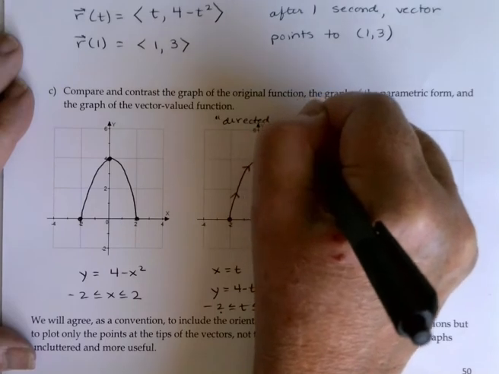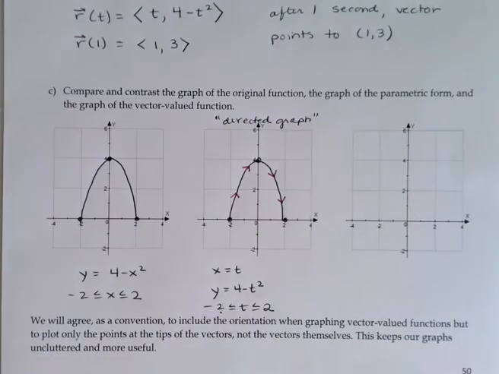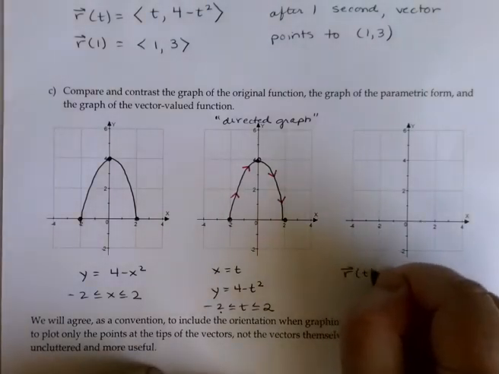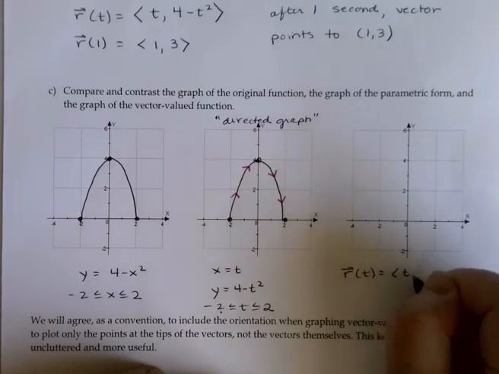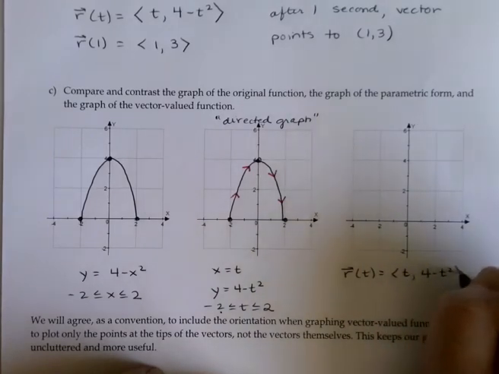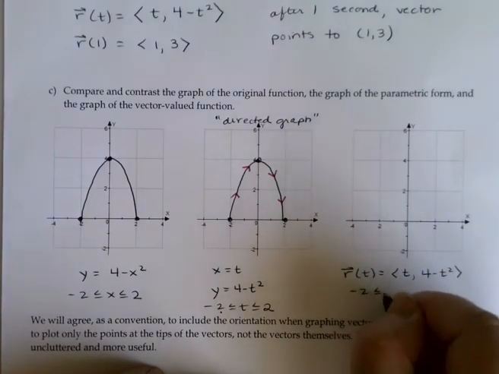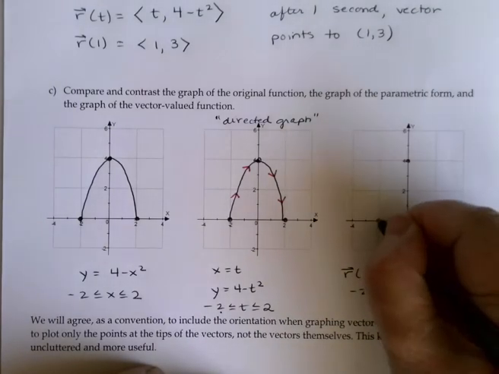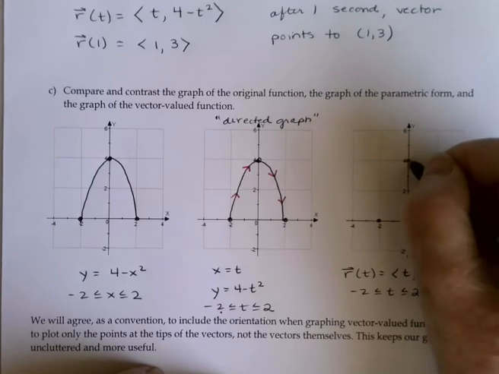The shape is still the same as the original. It's just that we now have a direction of motion. All right, what about the vector-valued form? Once again, we're really talking about the same graph, so the basic shape doesn't change.